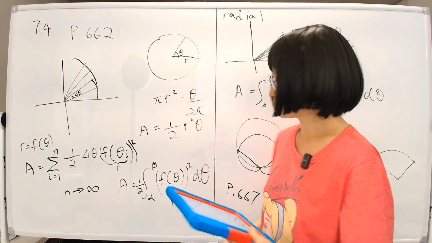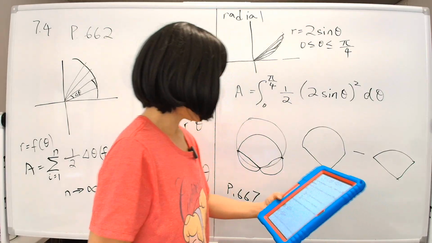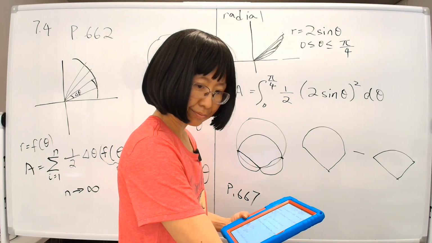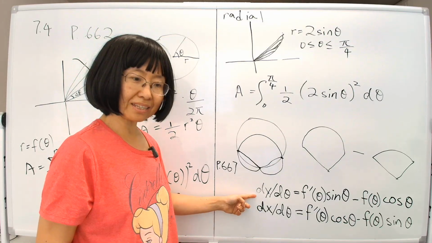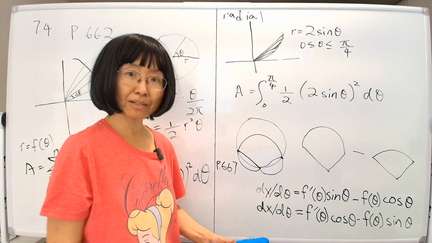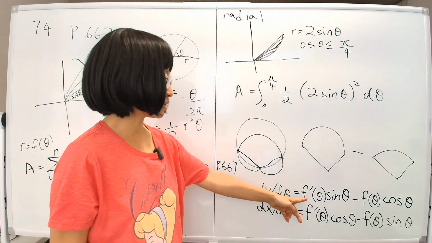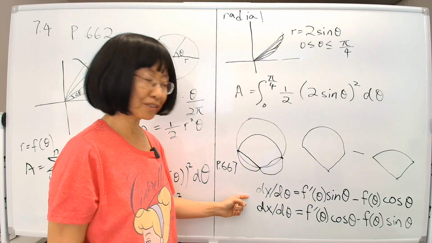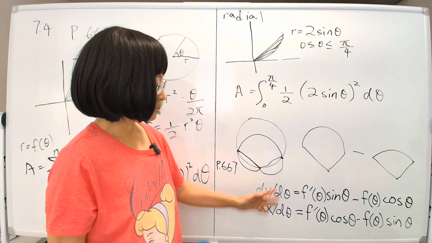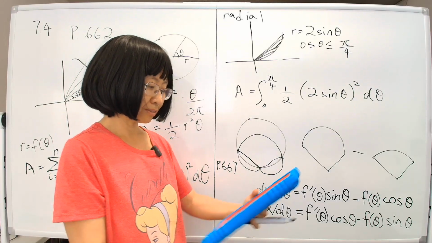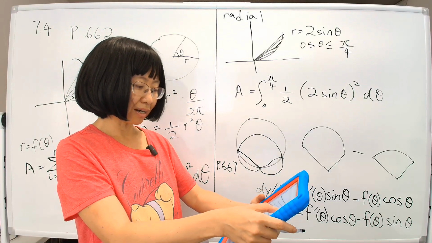Now, if you look at the formulas very carefully, I will write it down here. All right, now I have written down dy by d theta, which is that thing. It'll come out quickly if you apply the product rule to the definition of y. And similarly, dx by d theta. We're going to use this to derive the arc length formula.